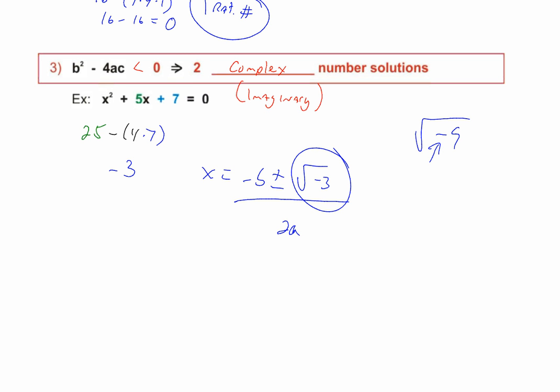So again, depending upon what way they want you to say, you're either going to say 2 complex number solutions, or you're going to say 2 imaginary number solutions. Just follow the directions, and the directions will lead you in which way they want you to go. But again, every imaginary number is a complex number. What is it? A negative radicand.